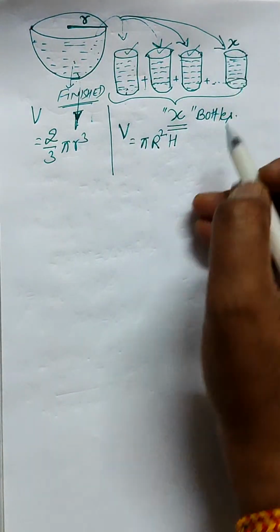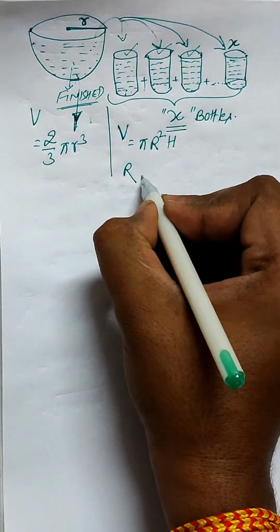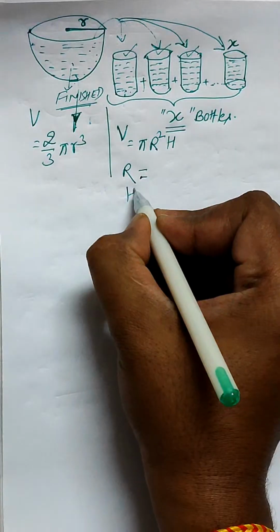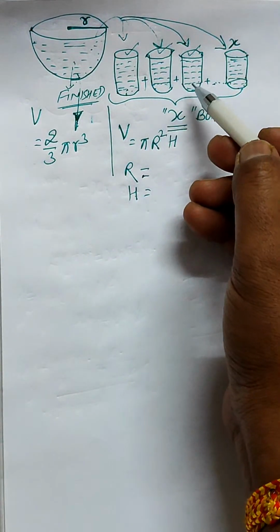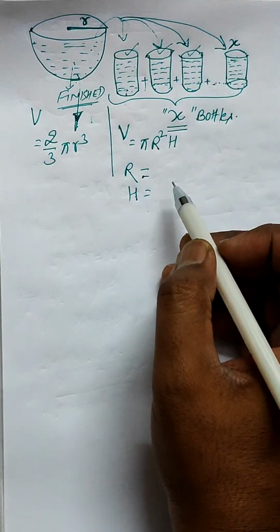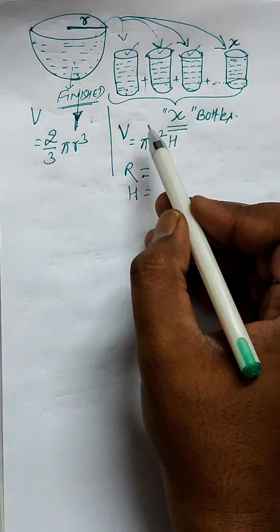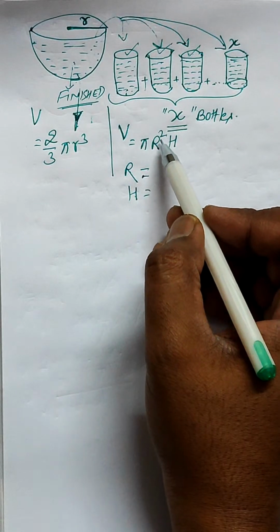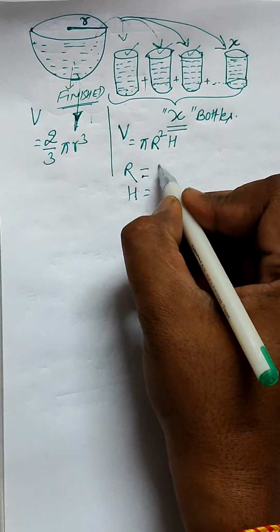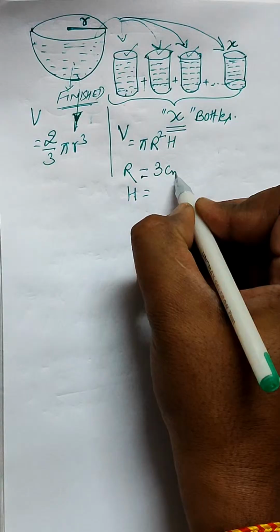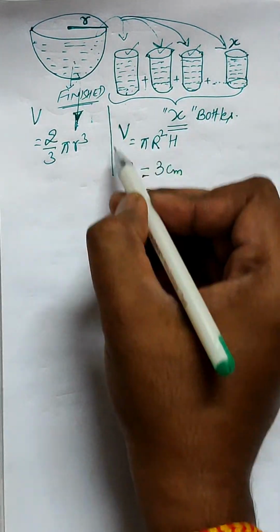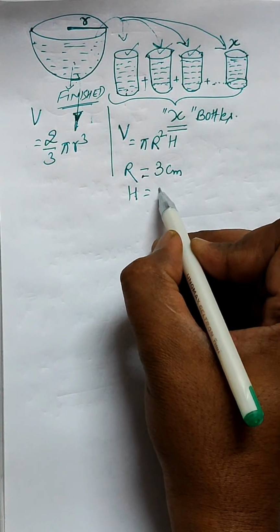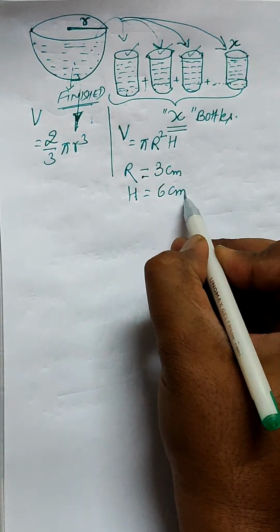For the cylinder, capital R and h are the radius and height of the cylindrical bottles. It's given in the question that this liquid is to be filled into cylindrical bottles of radius 3 centimeter and height 6 centimeter. So R is given as 3 centimeter, and height is given as 6 centimeter.